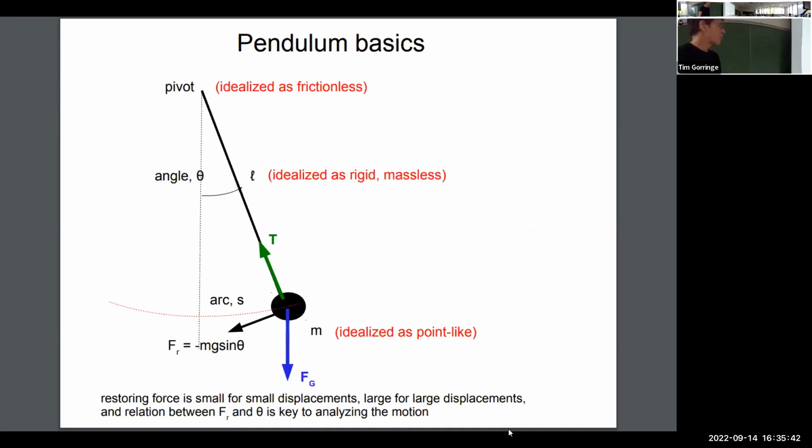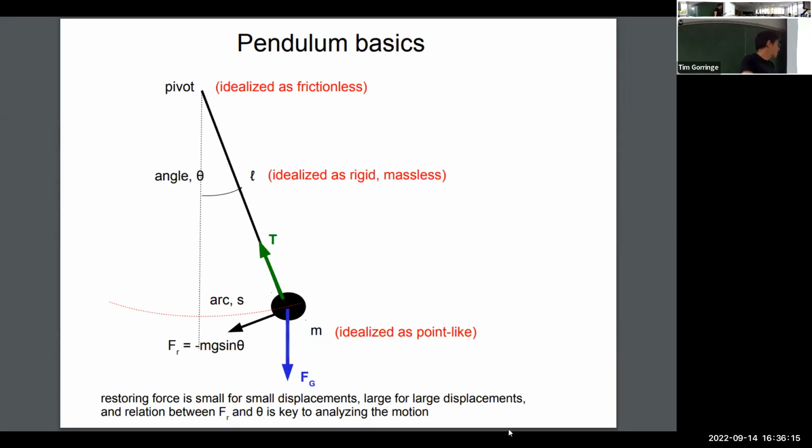Okay, so just some basic things about the pendulum so that we're all on the same page. I sketched out a pendulum here. This is a simple pendulum with a pivot at the top, a support, a string, a cable, and a pendulum bob here. And that pendulum bob is experiencing two forces, gravitational force and tension force.